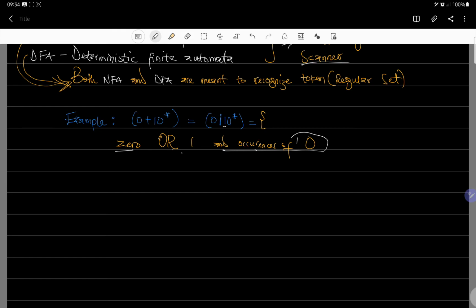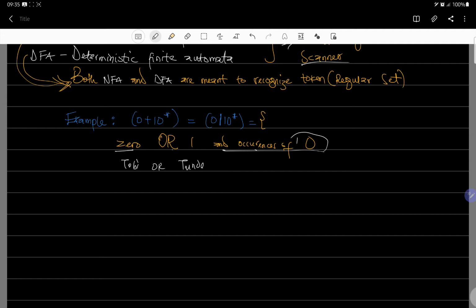Yes, let's write it like that: 0 or 1 and occurrences of 0. Because this 1 and 0 are together, it is 1 and occurrences of 0. All right, so we have something like this. So when you say 0 or, it means Toby or Tunde.